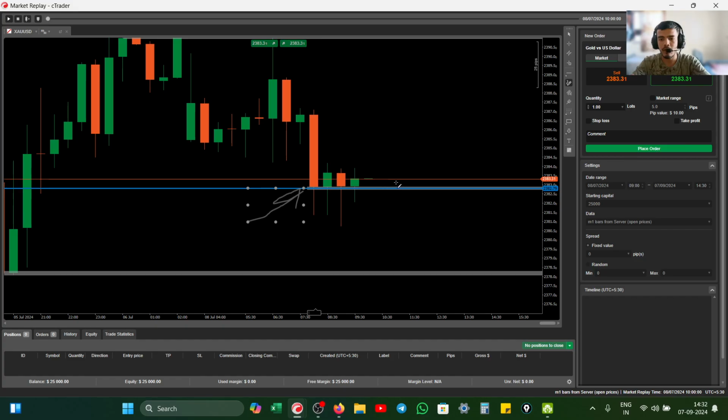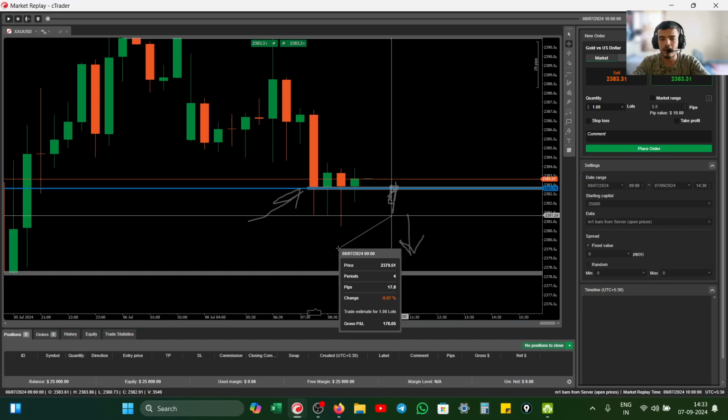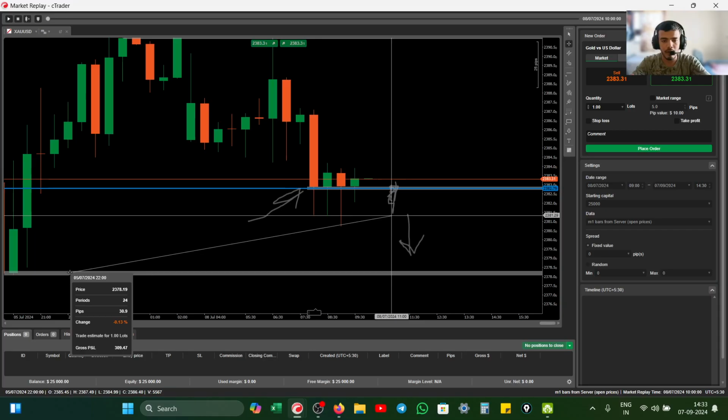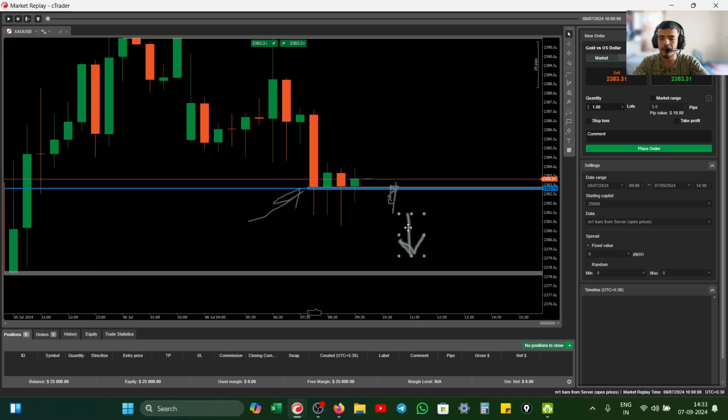So we are looking for a bearish candle that closes below this support, to go further down like this. We've got a good range to fill, around 30 pips, and we want around 20 pips. That's it. 20 pips a day makes the stress away.